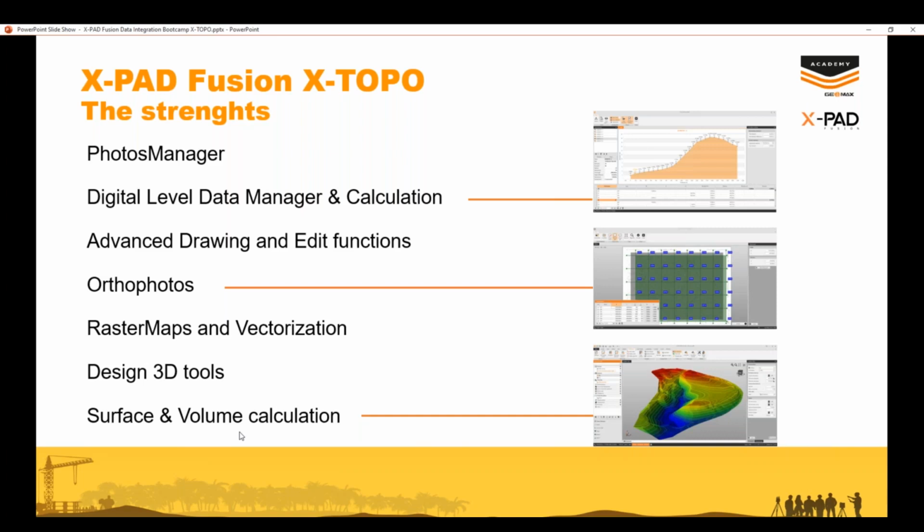In that case, in the last webinar, we will integrate all the data sets in the same project, and we will use these tools to create, for example, a new golf bunker, and create the surface volume calculation between the surface created from the GNSS measurement and the surface created from the aerial photogrammetry project.